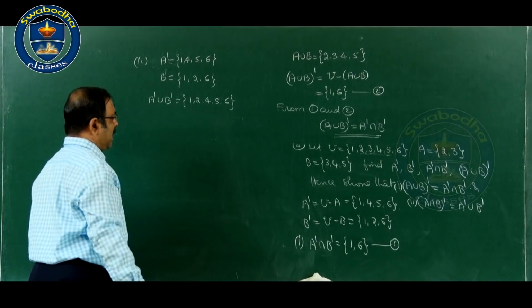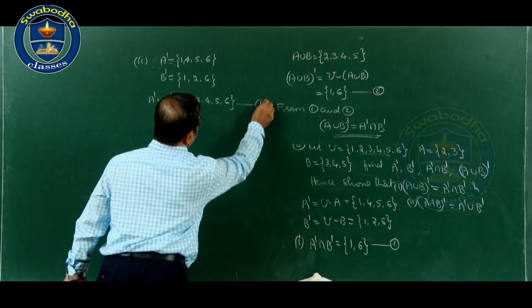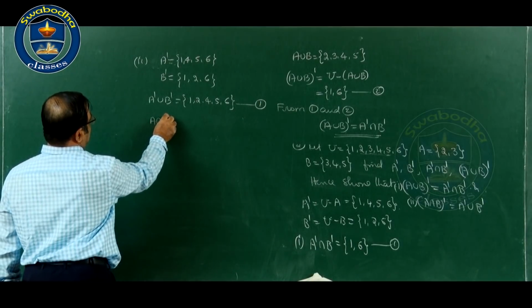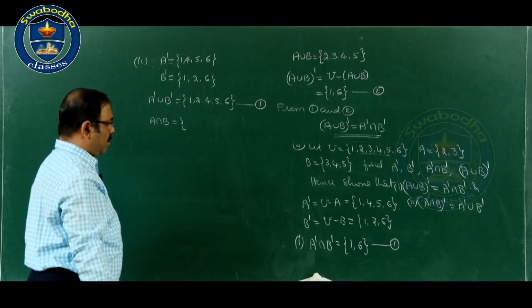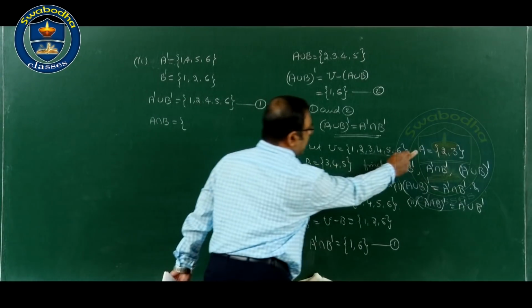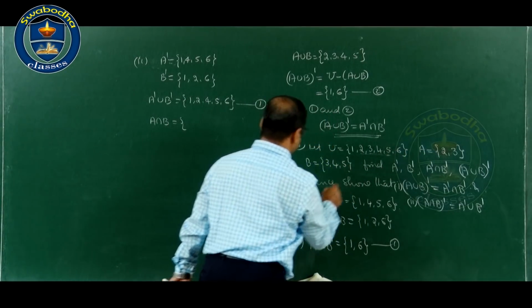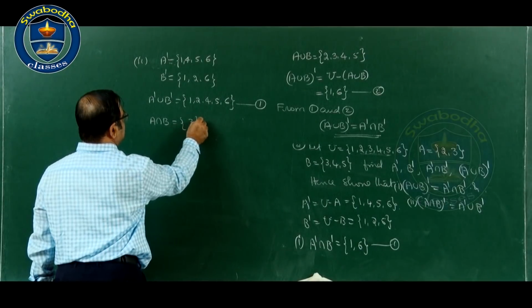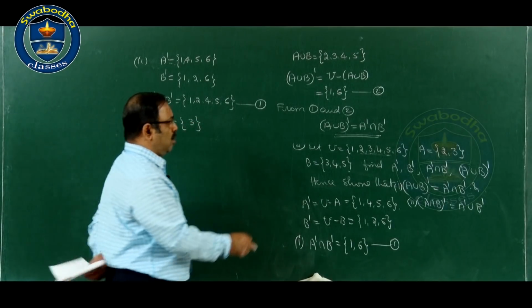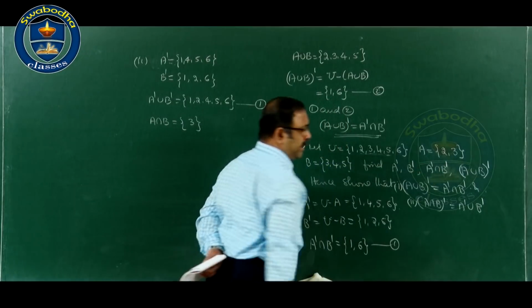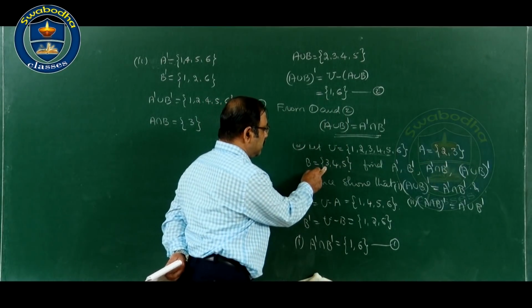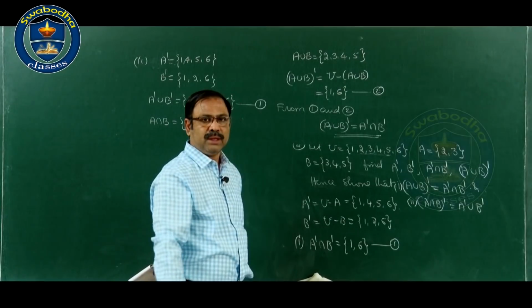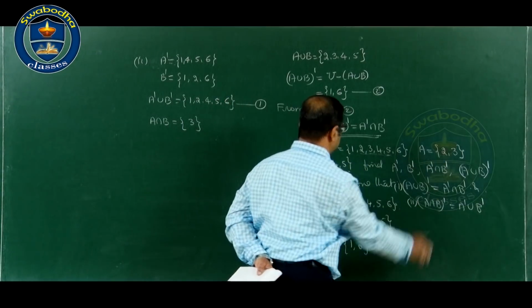Next, take this as 1. We write A intersection B. What is A intersection B? A is 2, 3 and B is 3, 4, 5. So, A intersection B is 3.